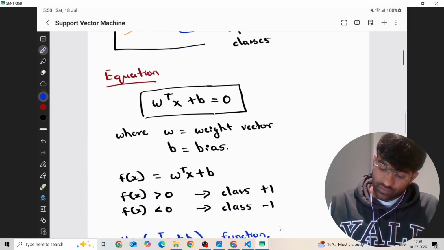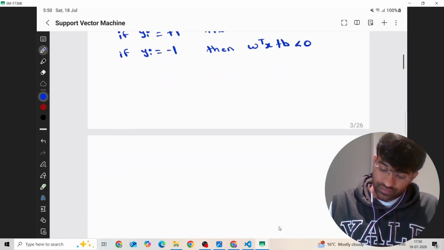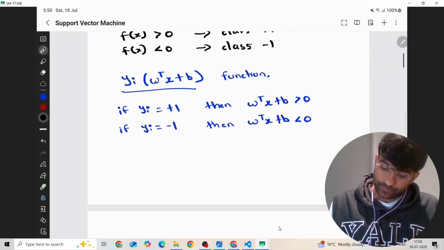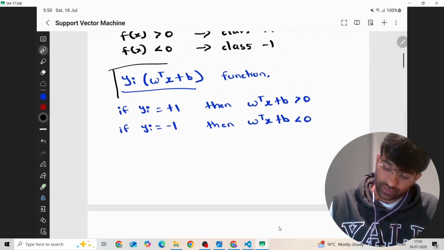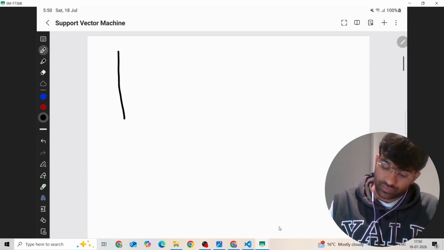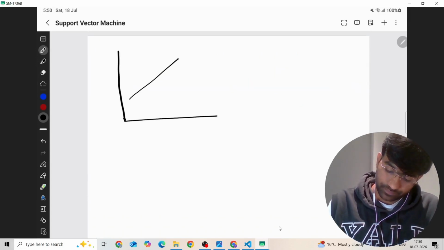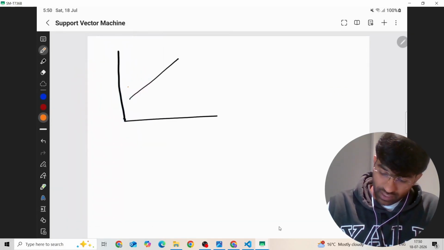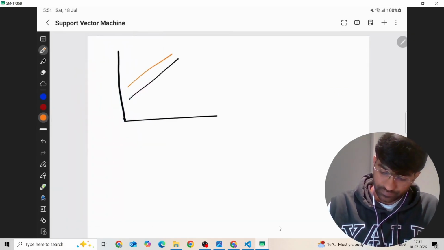And for this equation, there is a requirement. We have a requirement in support vector machine. These are our margins, right?